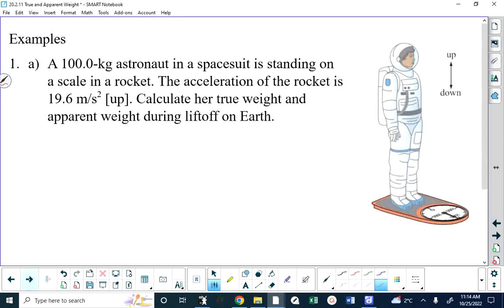In fact, let's make that point right now. The applied force equals the apparent weight. I'm going to actually use W. W is weight, which is a force, okay?